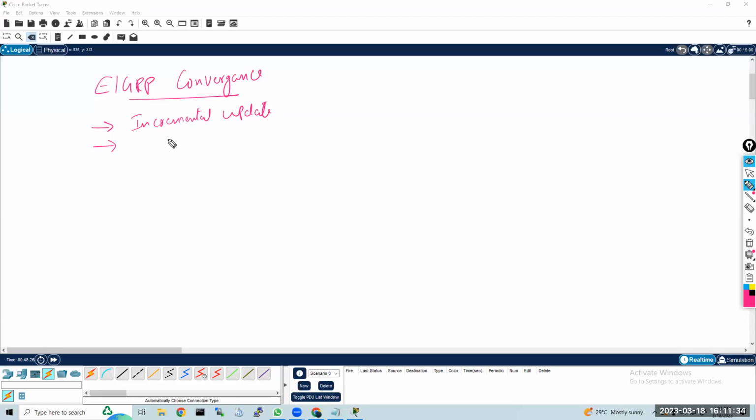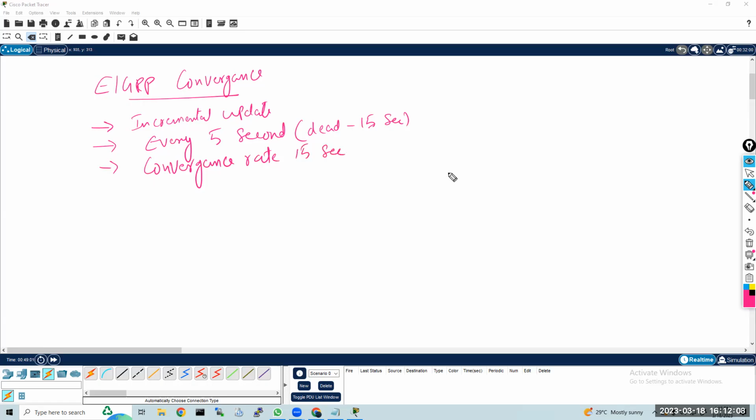It will send periodic hello messages every 5 seconds, and the hold time is 15 seconds. I'll explain what this is. And the convergence rate is 15 seconds.